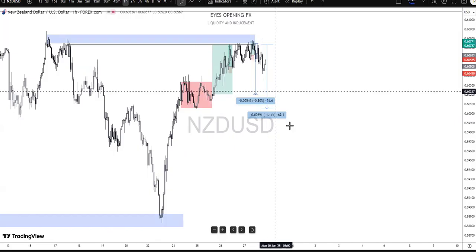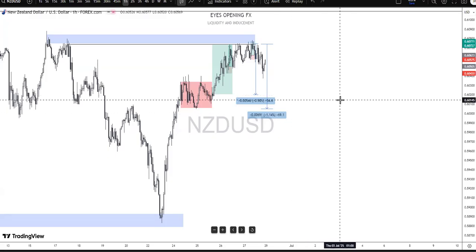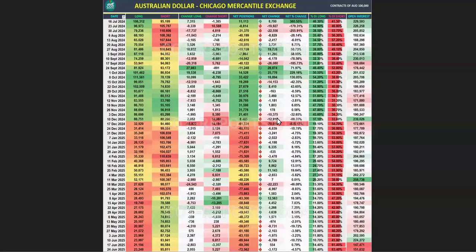So let's look at the COT report we have as of last week. On the COT report side, we have AUD, the Australian dollar. We notice right here they added 5,000 short positions and 2,000 long positions.